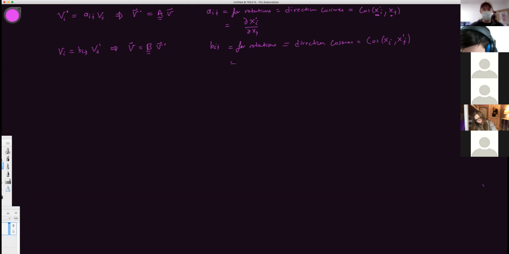And now these are the partial derivatives with the unprimed on the top and the primed on the bottom. We haven't proven this or anything, but we're just showing you that that's what these are. So you can see that they're opposite these, right? These have the x prime on the top and the unprimed on the bottom. These have the unprimed on the top and the primed on the bottom, right?